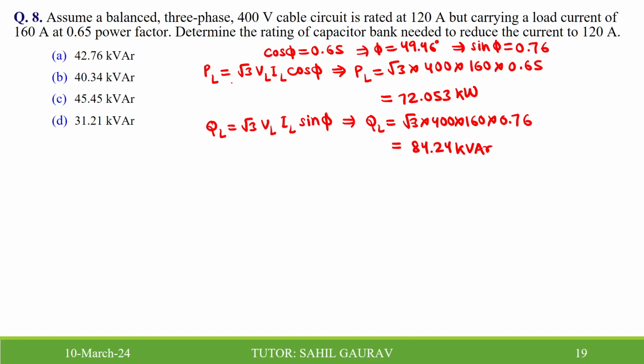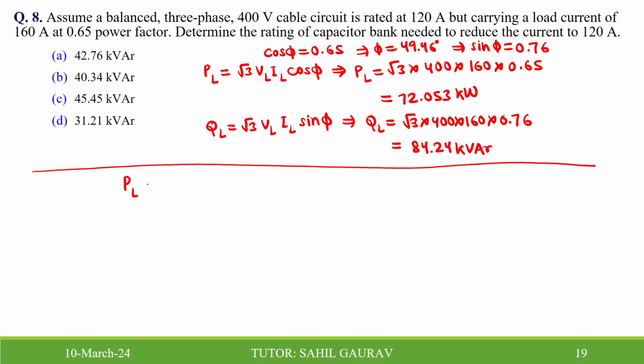This active power will remain the same for this new current also. So from there we can find the power factor. After doing the compensation, PL will remain the same, so it is 72.053 kilowatt into root 3 VL.